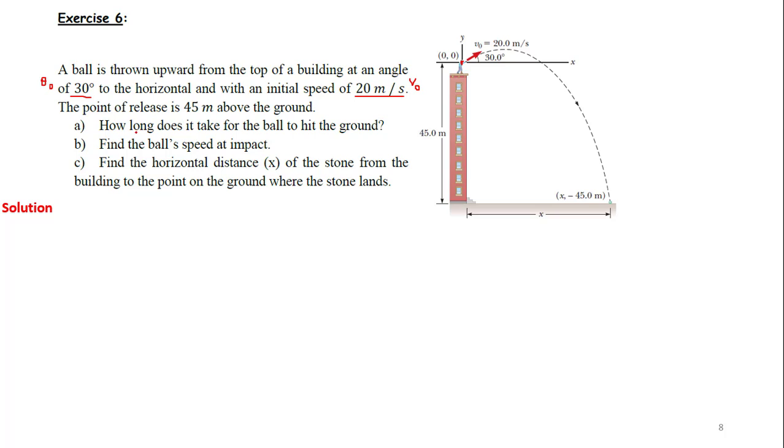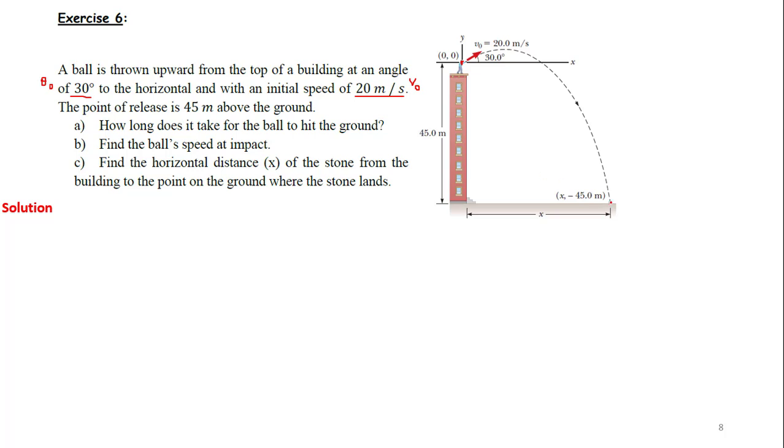Question A. How long does it take for the ball to hit the ground? We have to be able to understand the question. شو معناتها how long does it take؟ يعني we have to calculate the time t for the ball to hit the ground.